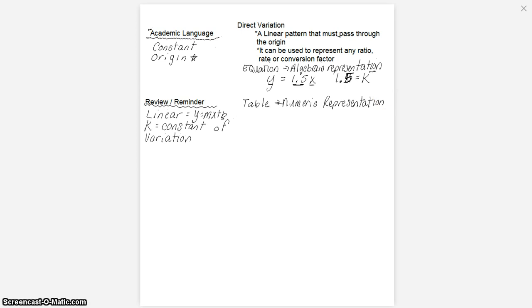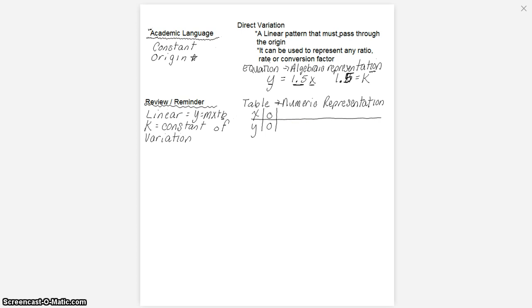So we have our x and our y. Remember, x is the independent variable, y is the dependent variable. And let's start off, we know it passes through the origin, so we know it passes through 0, 0.